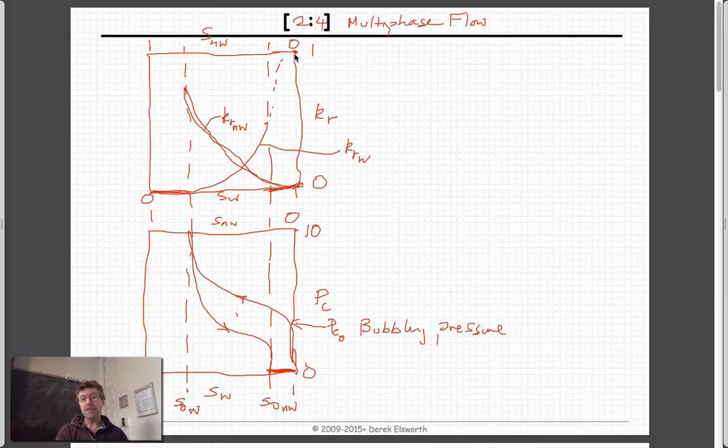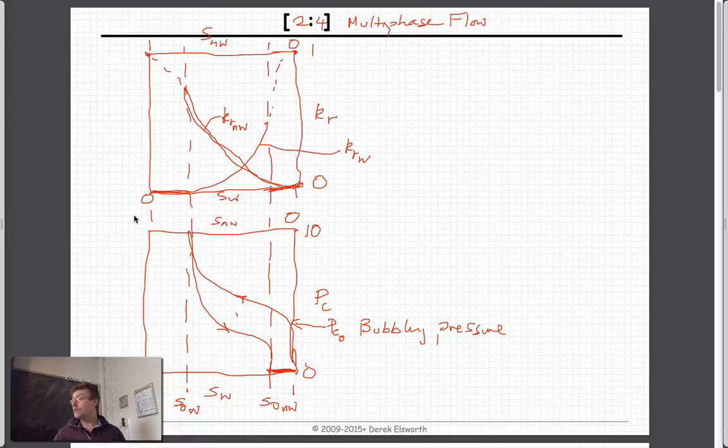When it's 100% water saturated, the relative permeability to water is 1, but the relative permeability to the NAPL is 0, because there is no NAPL. When it's 100% NAPL saturated, the relative permeability to the NAPL is 100%. Relative perm is 1. There is no water in the system, so the relative permeability to water has to be 0.